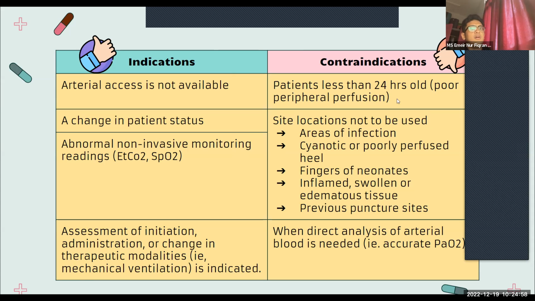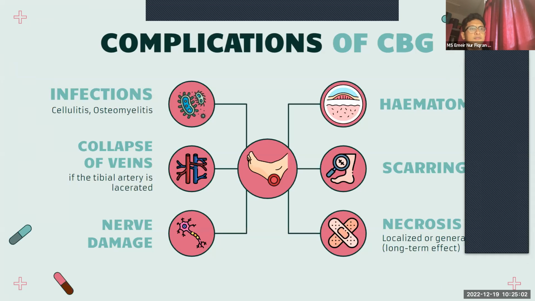So next are the complications of capillary blood sampling. Firstly, infection, which can cause cellulitis or osteomyelitis when the puncture site happens to be at the posterior side of the heel, where the calcaneum is located.